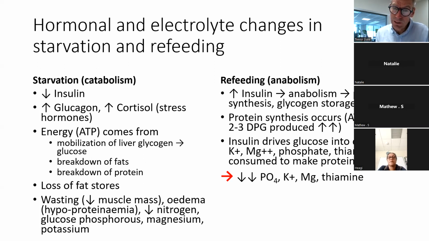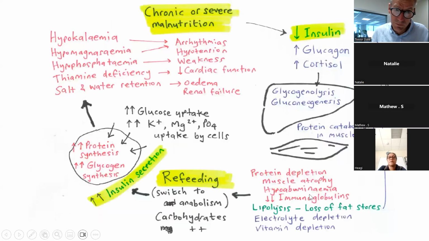So again, it's a good thing that when you feed patients, they get a rise in insulin, but that can lead to refeeding syndrome, which means that all the limited stores of potassium and magnesium and phosphate and thiamine that a person has, when they're refed, then they can be even more limited, and you get dangerous levels of potassium and magnesium and phosphate and thiamine, right? And that can have consequences if you don't replace those losses.